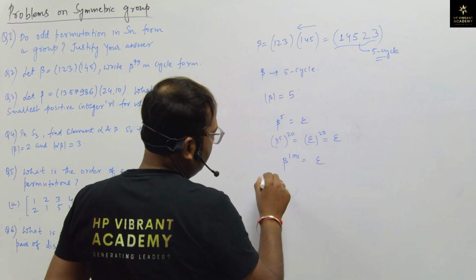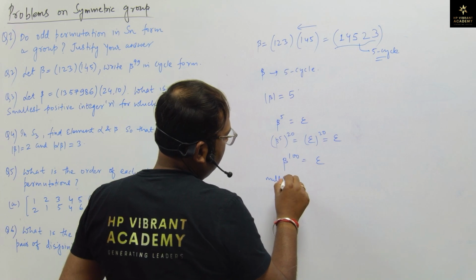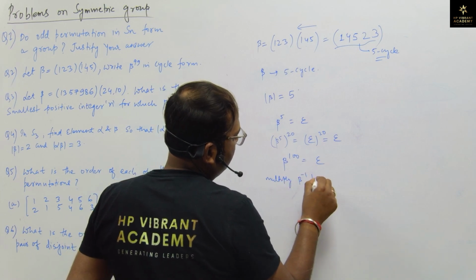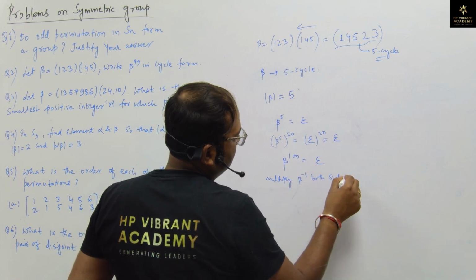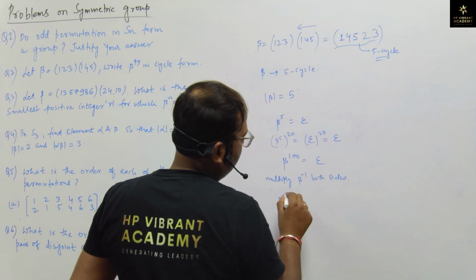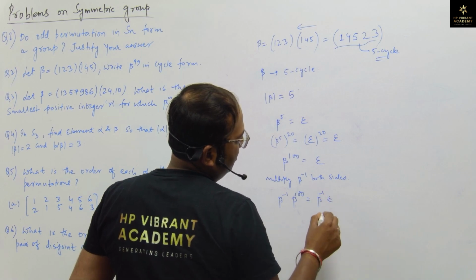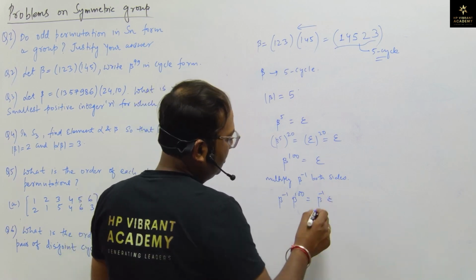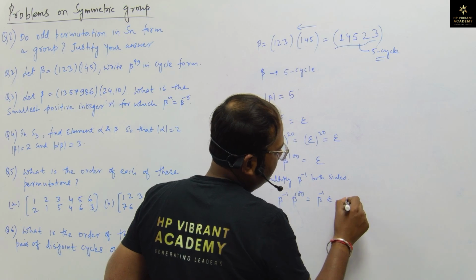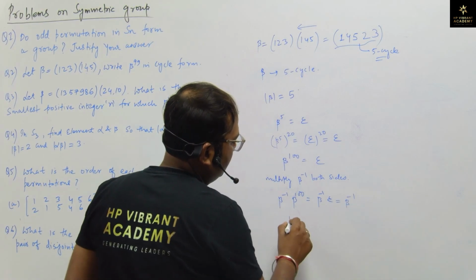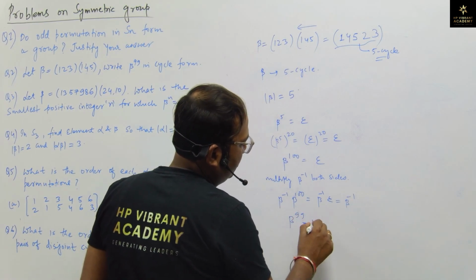Let us multiply beta inverse on both sides. So we have beta inverse times beta to the power 100 is equal to beta inverse times identity, which is beta inverse. And this is beta to the power 99 is equal to beta inverse.